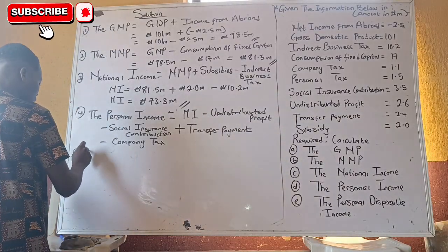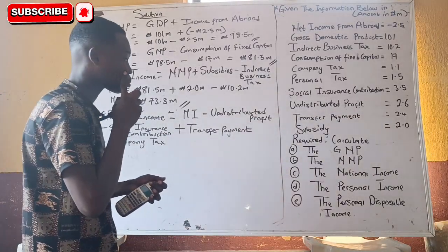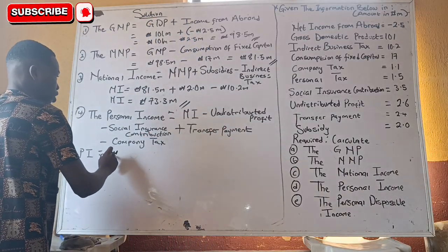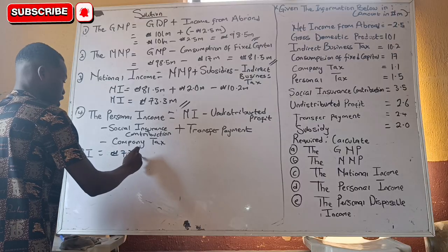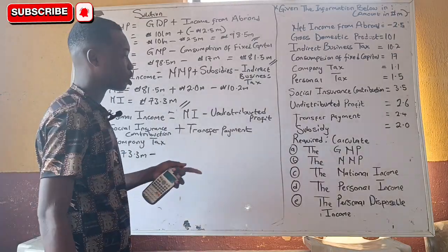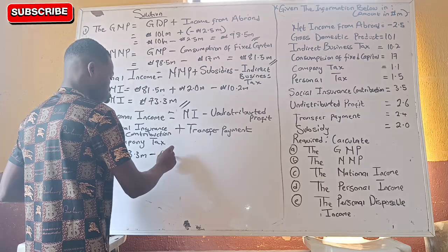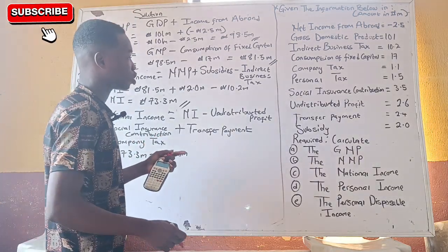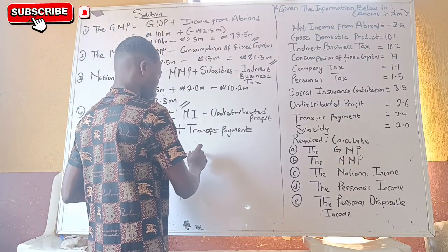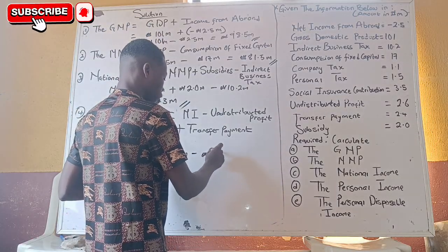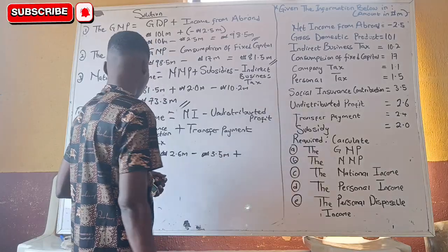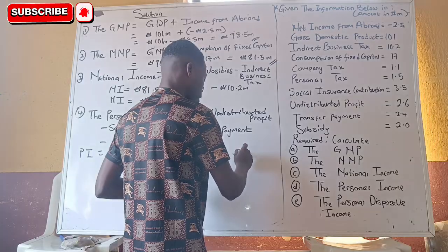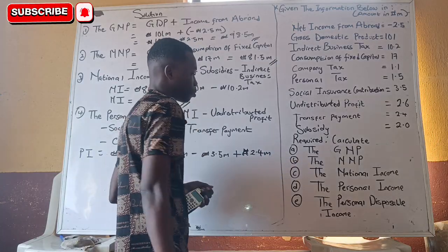So we are going to have our PI to be, starting with the national income, which is 73.3 minus undistributed profits, that is 2.6. Then we have social insurance contribution minus 3.5. Then transfer payment, which is naira 2.4.